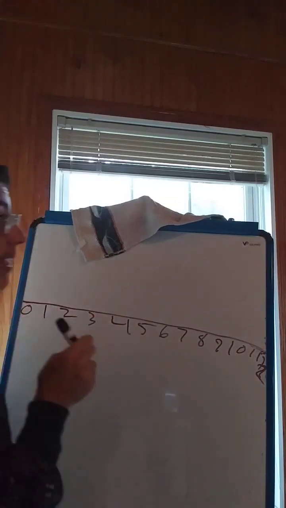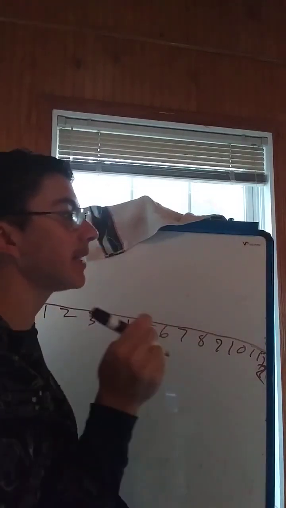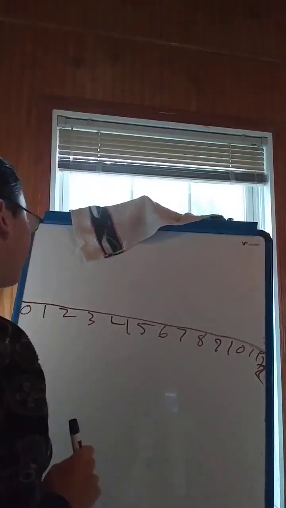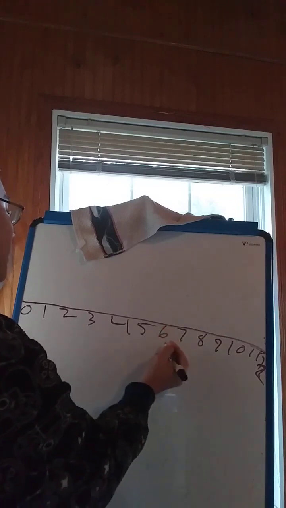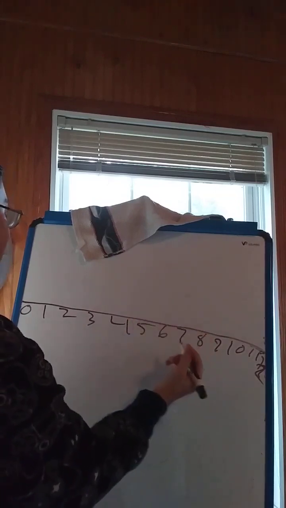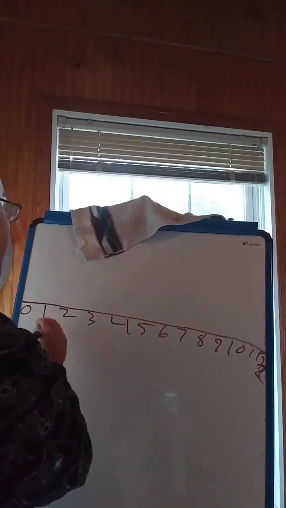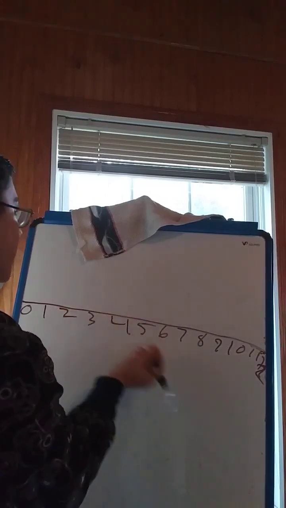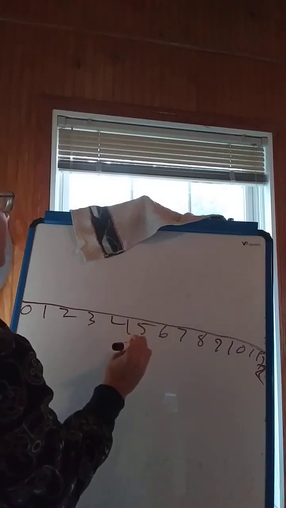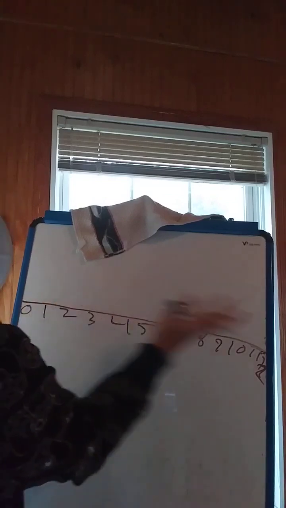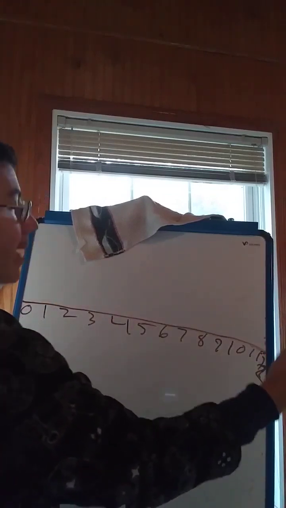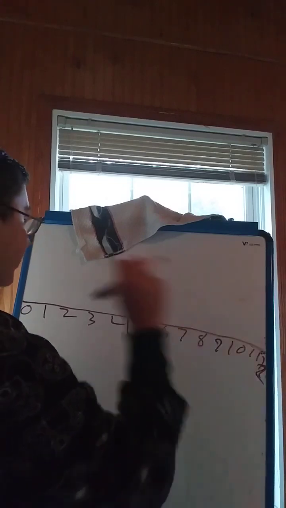The actual number that you're trying to find, how many places it is away from 0. So 6 would be a greater number than 3 because it's 6 places further away from 0. As you go further this way, you get bigger in value.